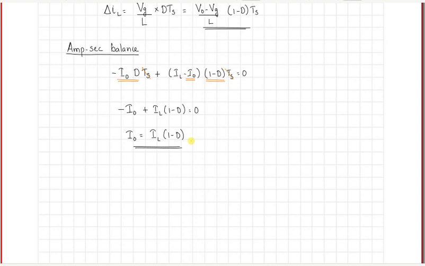So that is the information that you get by applying the amp second balance principle.